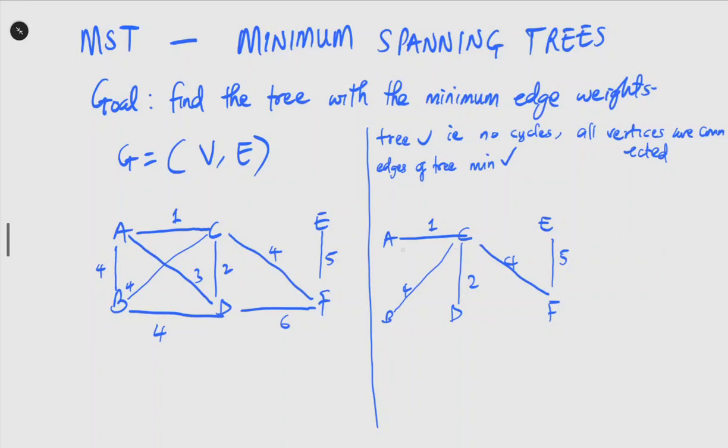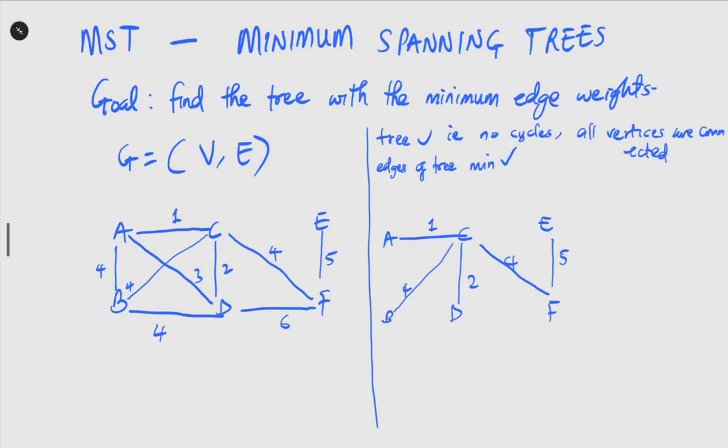Let's confirm for the others. I have A, B, A, C, B. I can't get back to A. I have C, B. I can't get back to C through a new route. I have C, D. I can't get back to C through a new route. So yeah, this checks off the second part of the first criteria.